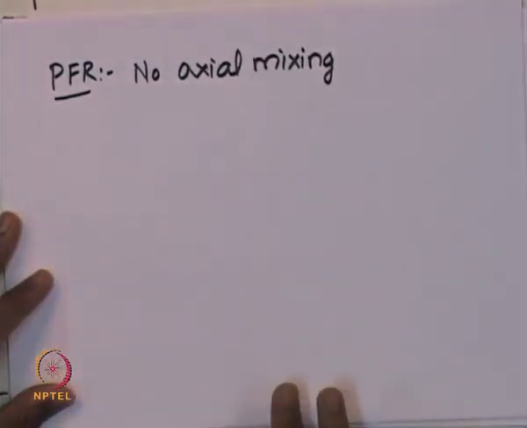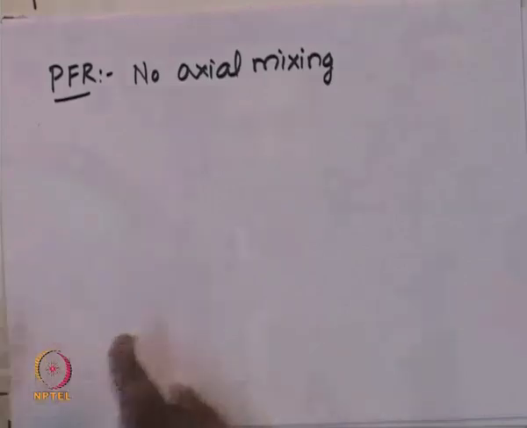There is no axial mixing in a plug flow reactor, which means that if there is a tube and it behaves like a plug flow reactor, then the fluid stream entering moves like a plug. The fluid particles entering the reactor at a certain time do not mix with the fluid particles entering just after or just before it.